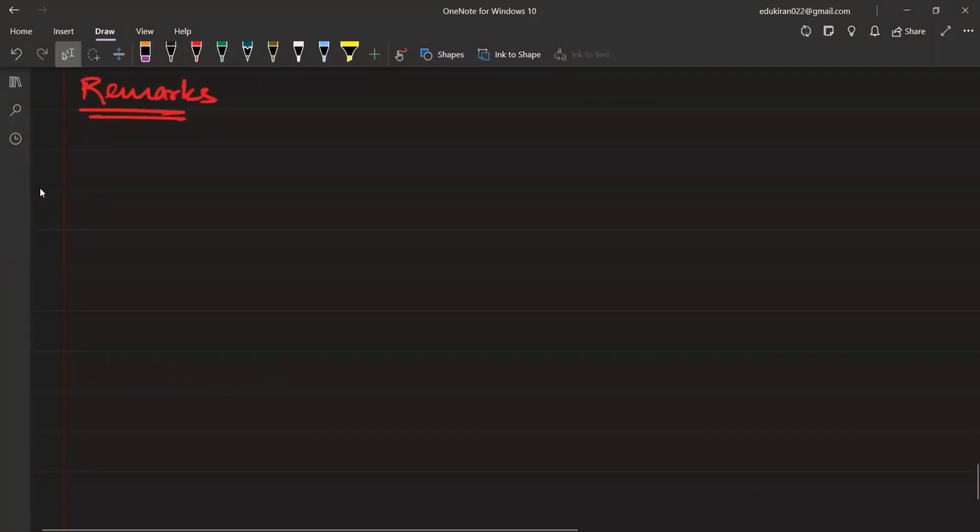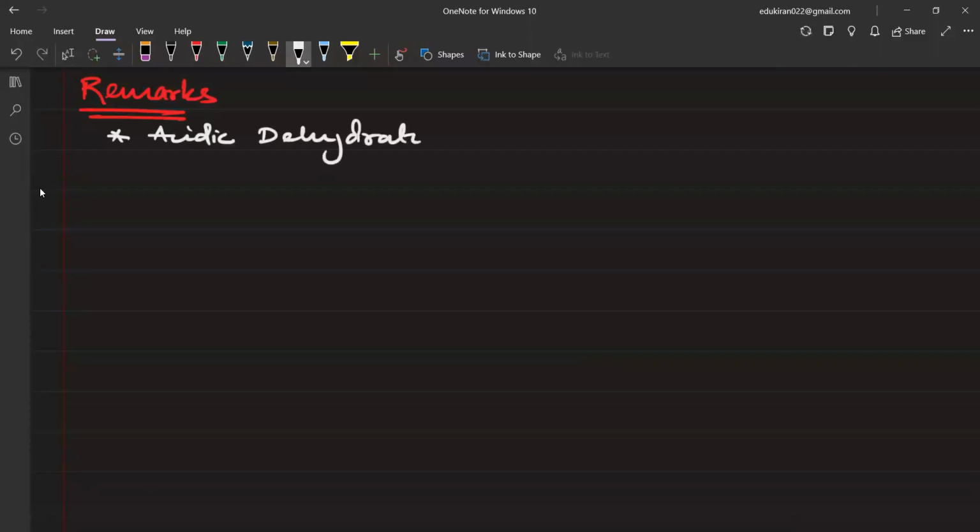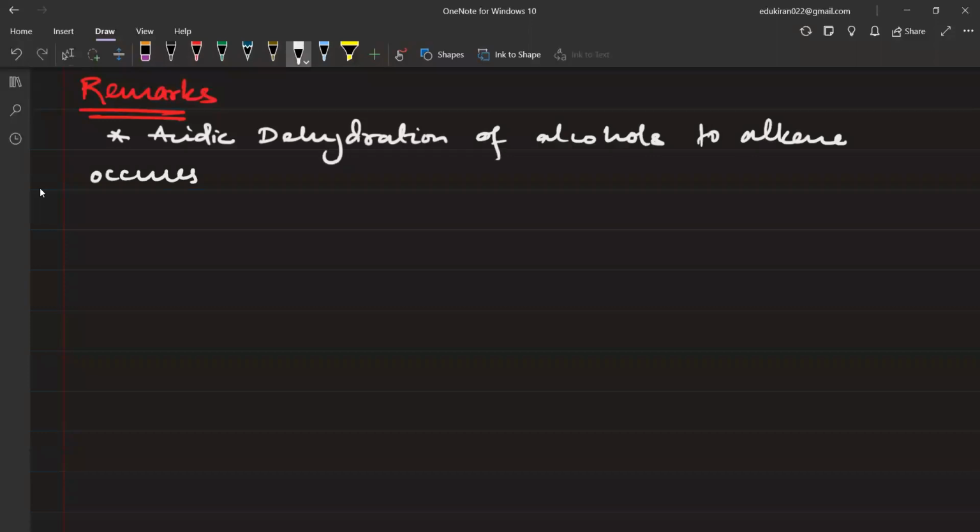Write the first point. Acidic dehydration of alcohols to alkene occurs via intermediate carbocation.